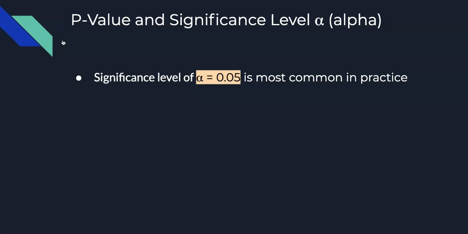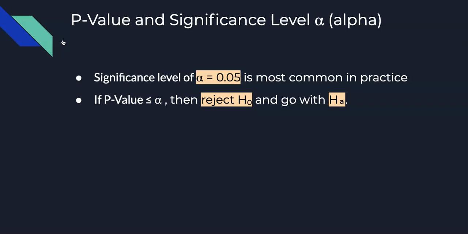The most common one is 0.05, but if you want to be strict, you can say, oh, I want it to be 1%. Okay? All right, so what happened? We compare the p-value, the probability of such event happening, to that alpha level.